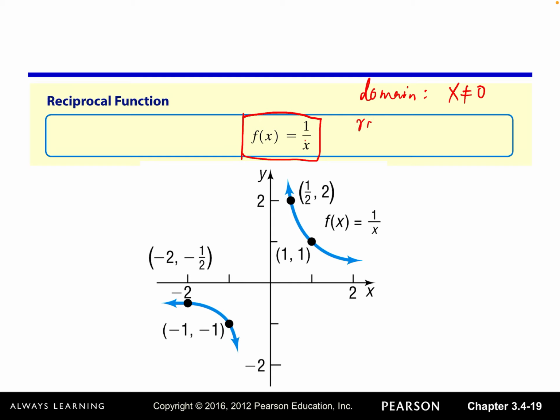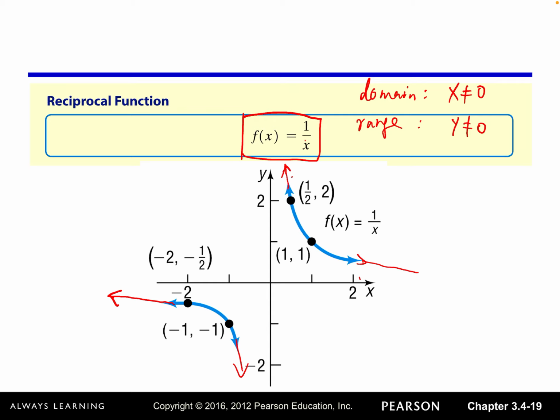The range is the same: y cannot equal 0. That's why you see both ends approach the x-axis but never touch it, and the other parts approach the y-axis but never touch it.